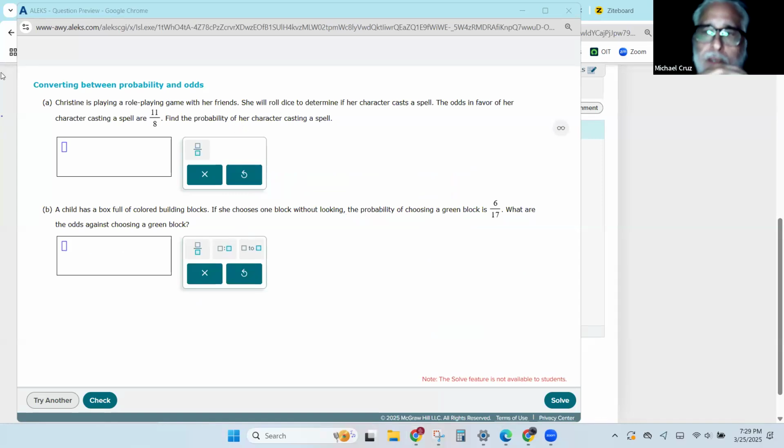All right, so Christine is playing a role-playing game with her friends. She's going to roll dice to determine if her character casts a spell. Odds in favor of her casting a spell is 11 to 8. 11 to 8.